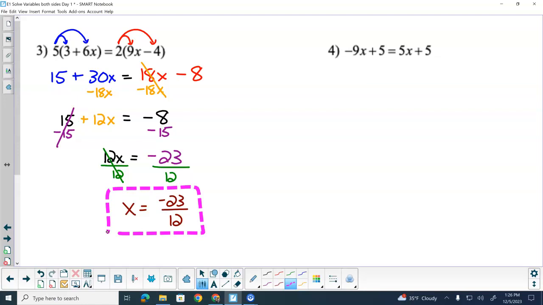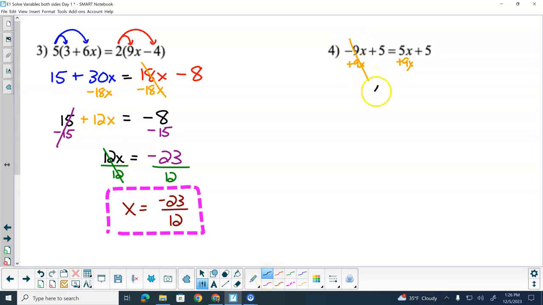Number 4. Which way do we want to move the variables? Left or right? Go to the right? Yep. Always want to move a negative variable because it's always smaller than the positive variable. So we're going to move to the right. So that goes away there.